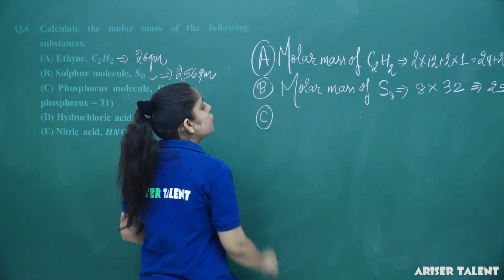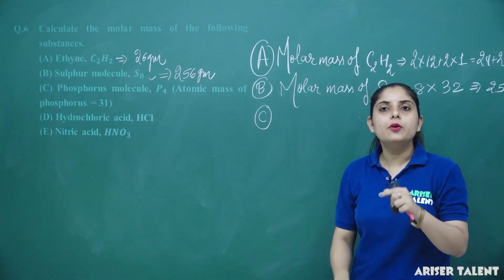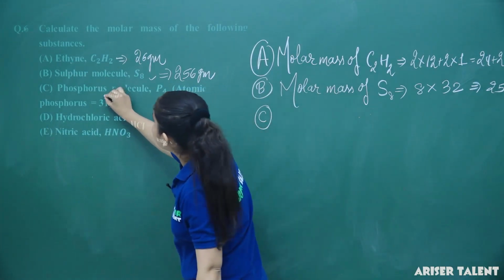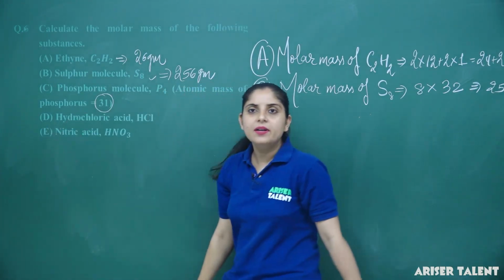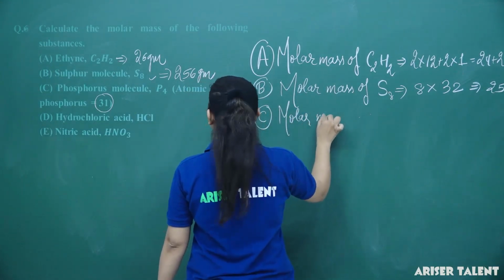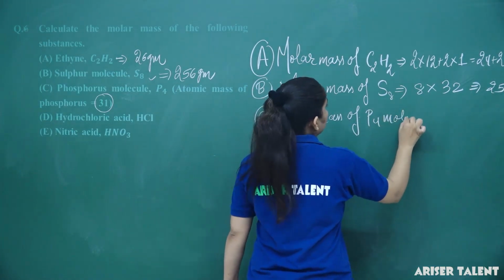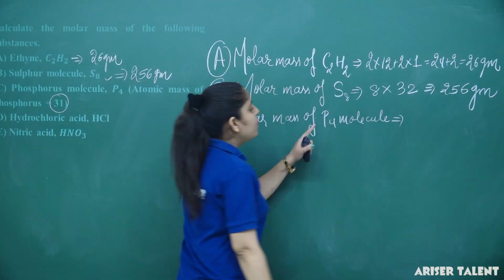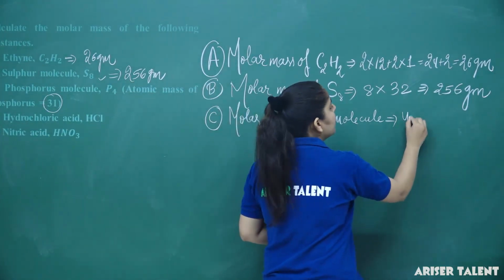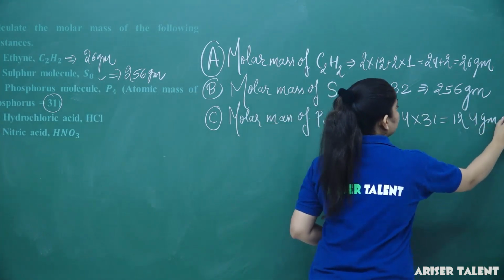Now, question number C. Phosphorus molecule P4. You have to calculate the molar mass of P4, and the atomic mass of phosphorus given here is 31. So 1 P is equal to 31 and you are given 4 P, so it will be 4 into 31, and I will get 124 gram.